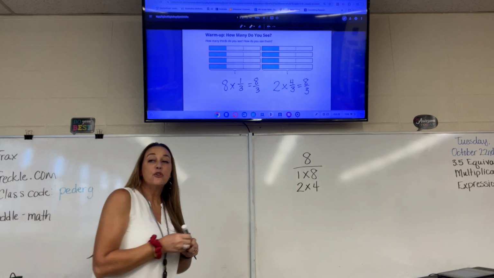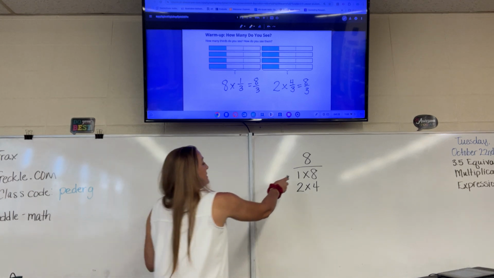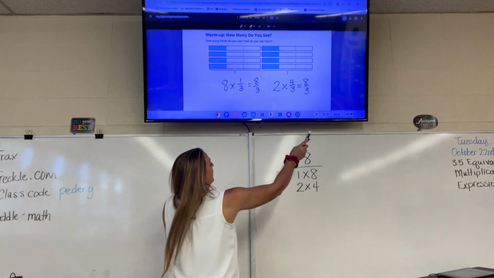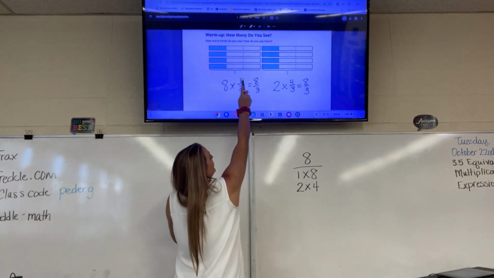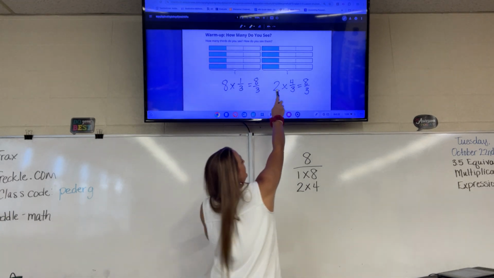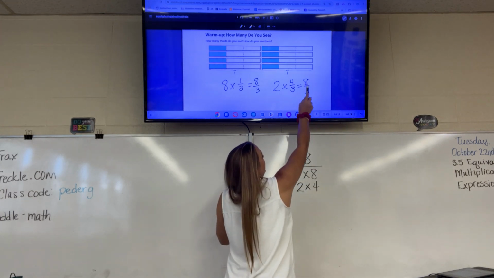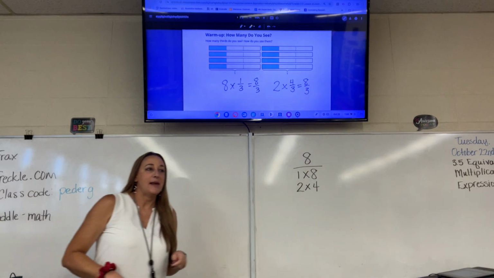Yes. So those are all the factors of 8, right, Colton? In this one we have 8 times 1 is 8, and the denominator stays the same. In this one we have 2 times 4 equals 8, and the denominator stays the same.